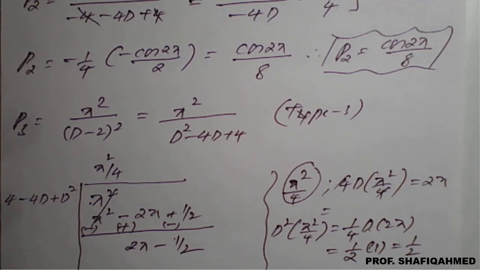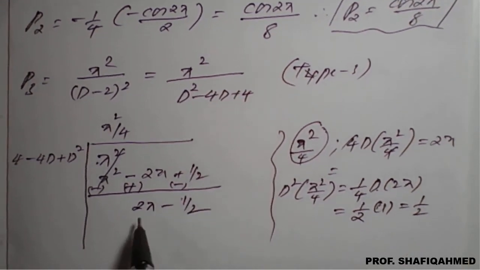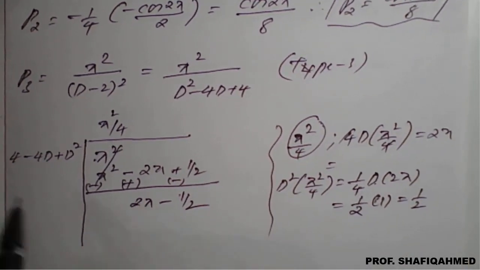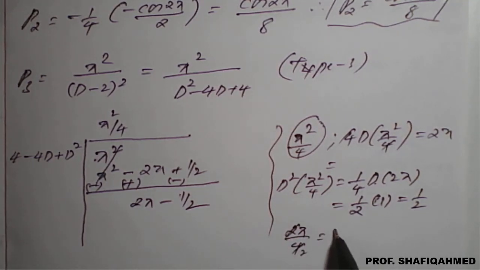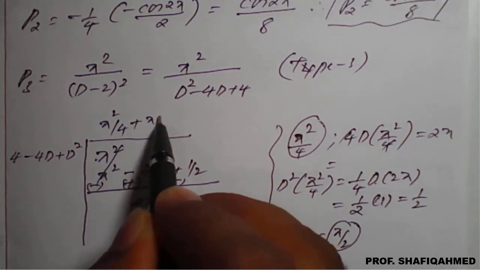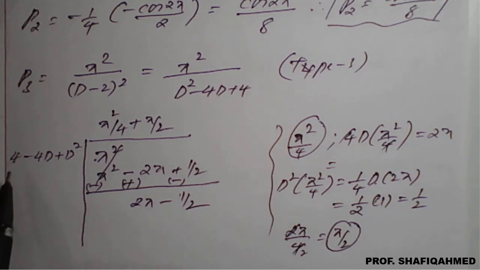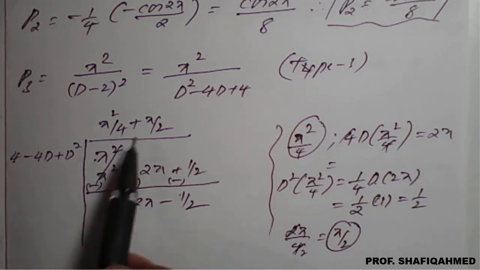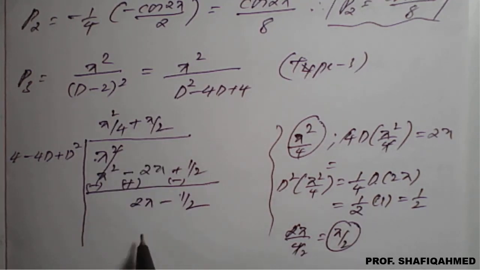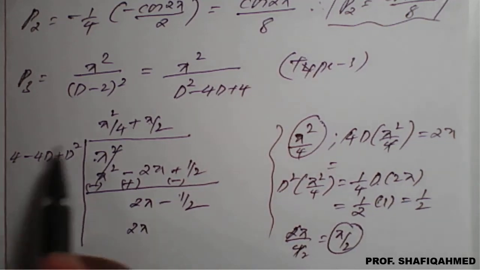Now again a polynomial, so 2x divided by 4: 2 ones are 2, 2 twos are 4, we get x by 2, and this x by 2 we write here. So 4 into x by 2 will be 2x, because plus into plus is plus.